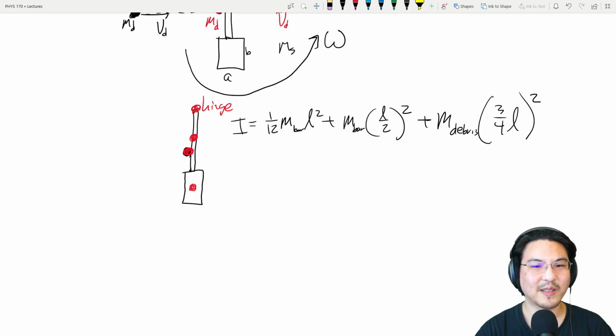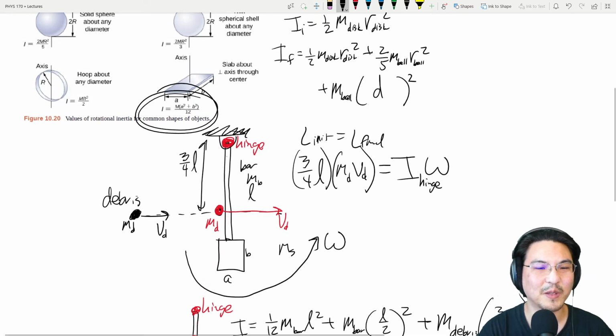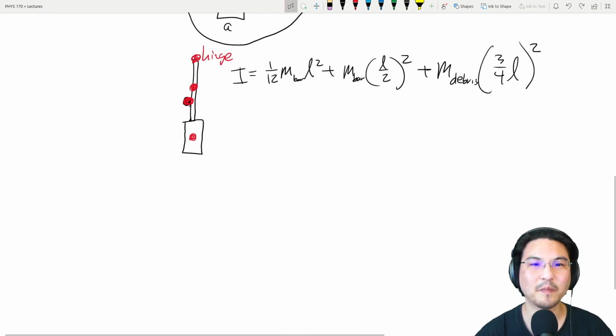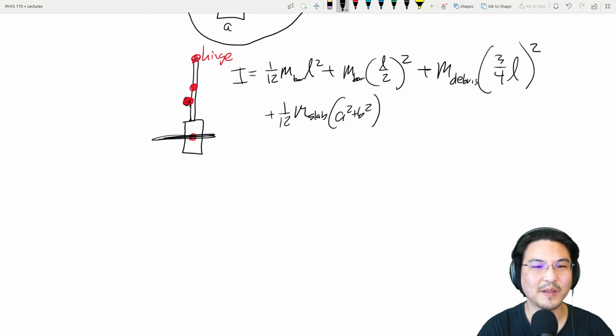Okay, and then now the slab. So the slab is right here. 1/12 m (a squared plus b squared) for the slab, but that's here. We need it to be here. So plus extra. How much extra?